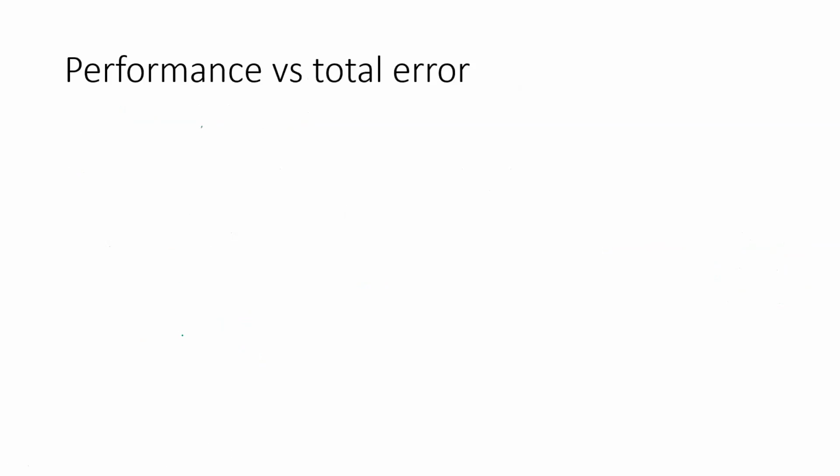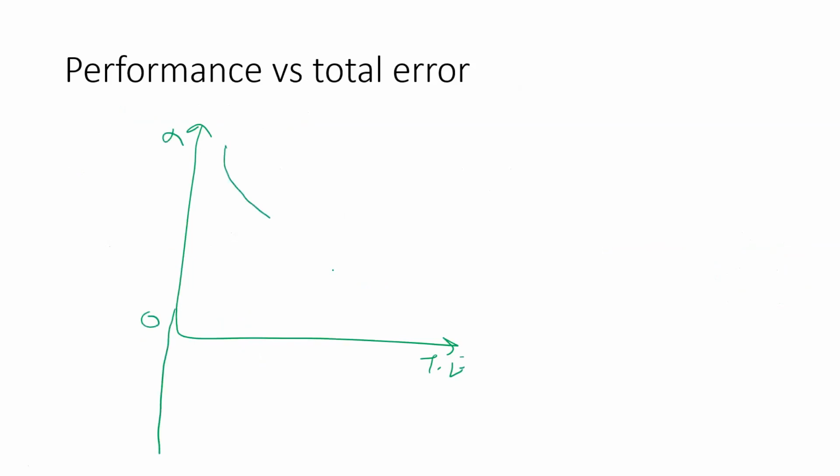If you draw the curve between total error versus performance alpha, let's say it is 0 here, it comes something like that. If the total error is higher, then the performance goes negative. Negative performance means your stump is bad, and if you have very low error, it means you have higher performance.